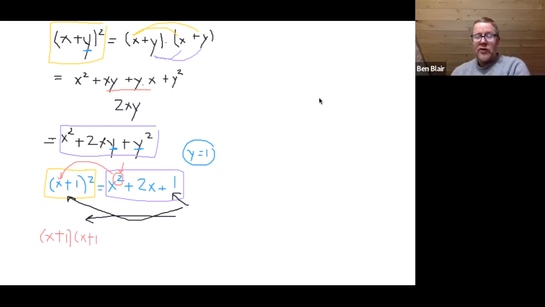Would it be fine to have x plus 1 in parentheses to the 16th power, versus x squared plus 1 to the 3rd power? We don't want that. We don't want to have x to a power higher than 1 inside the parentheses when we factor.